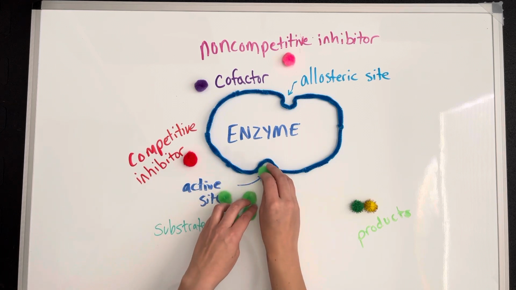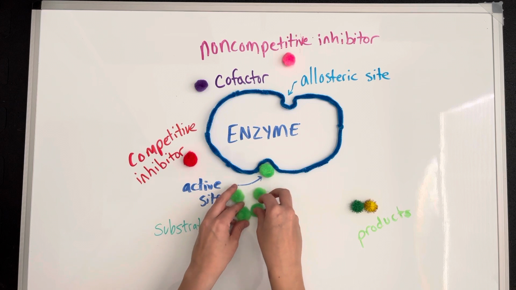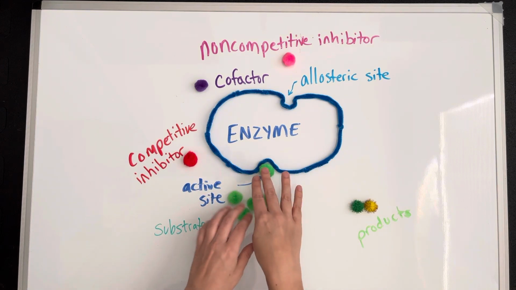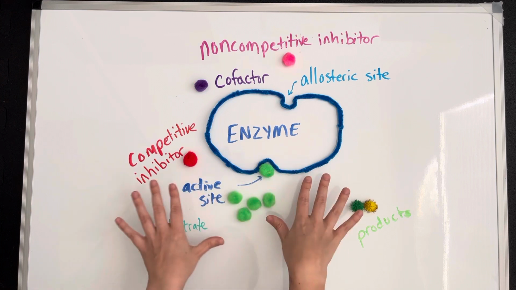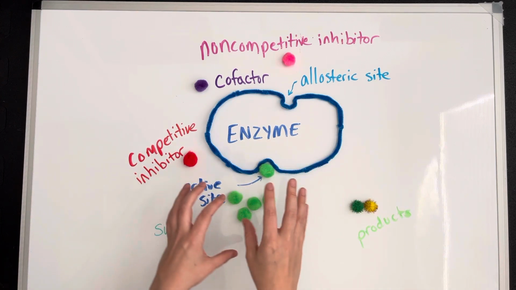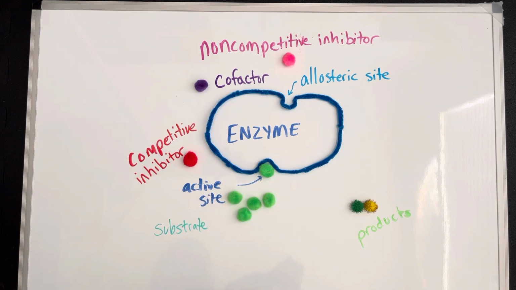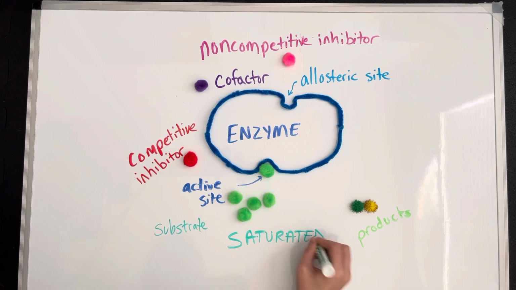So it doesn't matter how much work your boss gives you, you're still not going to be able to do more because you're busy doing the previous work. And so when an enzyme is full, we may have multiple enzymes, their active sites are all used up. We call that saturated. Meaning, hey, I'm doing all the work I can. So when your boss tries to give you more work, just tell them you're saturated.